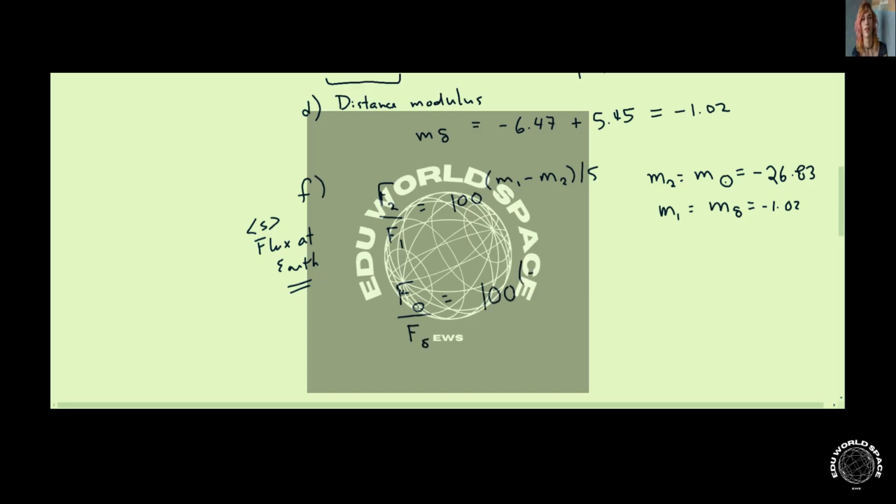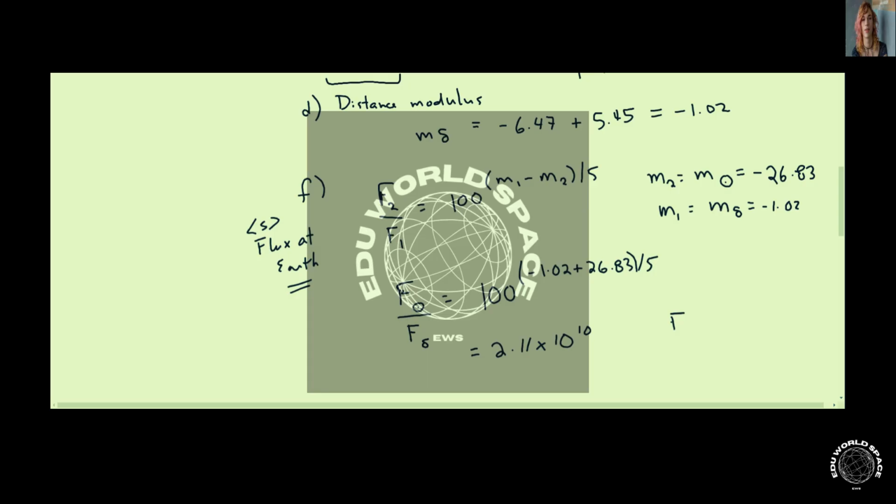And we take the difference here between the apparent magnitudes, and work that out. And that turns out to be 2.11 times 10 to the 10th.